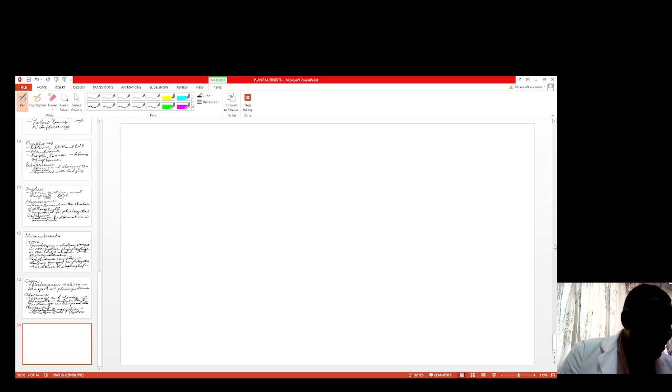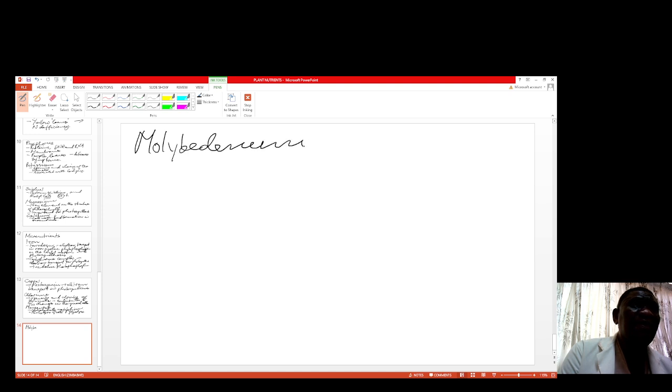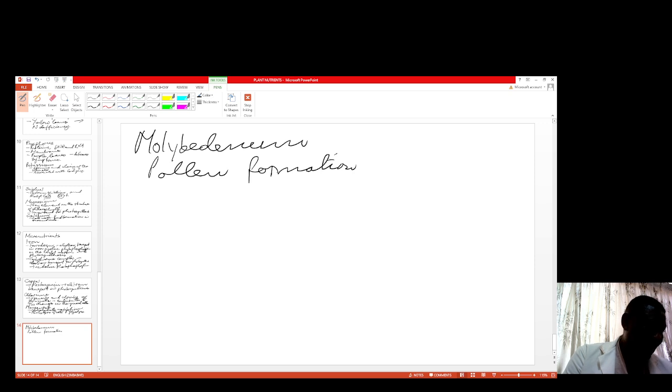Here we've got molybdenum. This one is important for pollen formation, division symptoms.